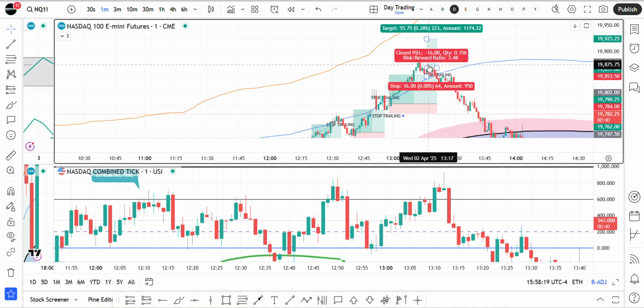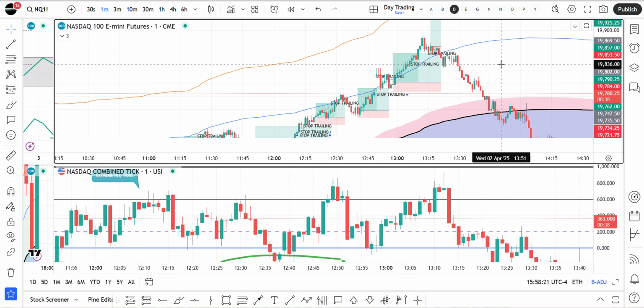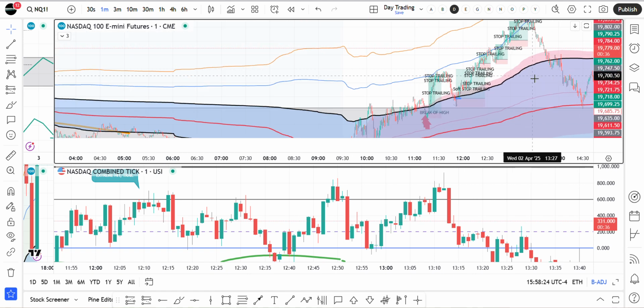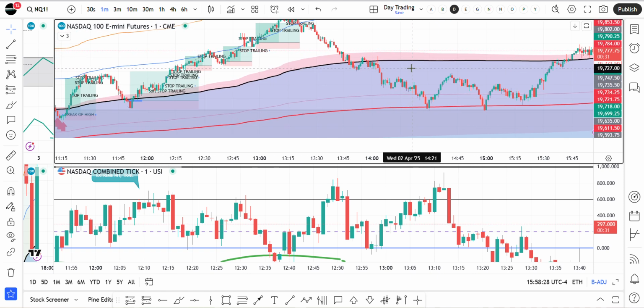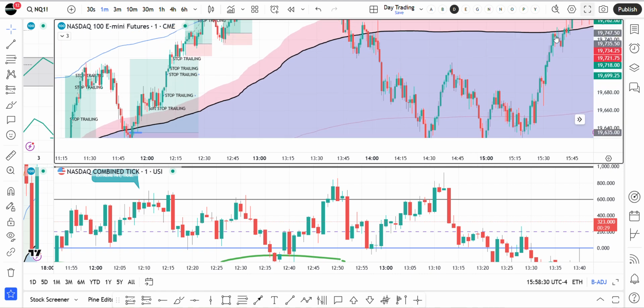So that's, and then the minus one, 18 R. If I had decent size, that would be nice to have this kind of trading. But now let's look into this area.